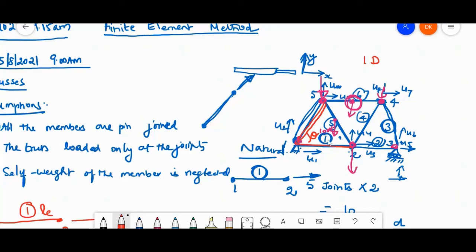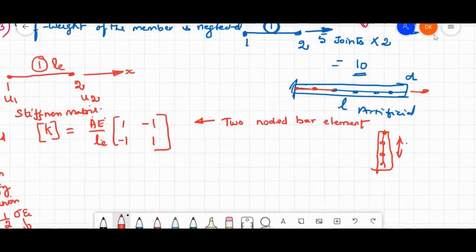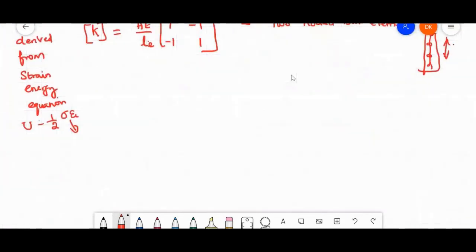For that you need to have a transformation matrix to consider the inclination in the stiffness matrix. So for that we have to derive the stiffness matrix for the truss element.